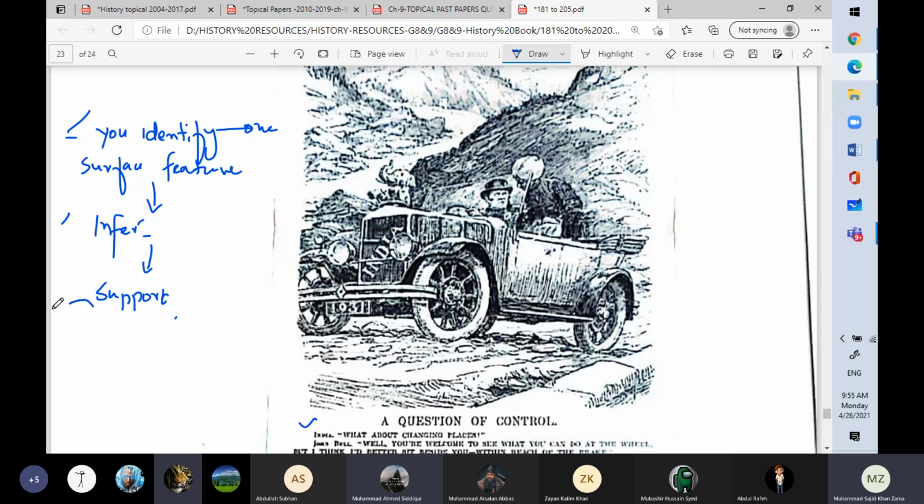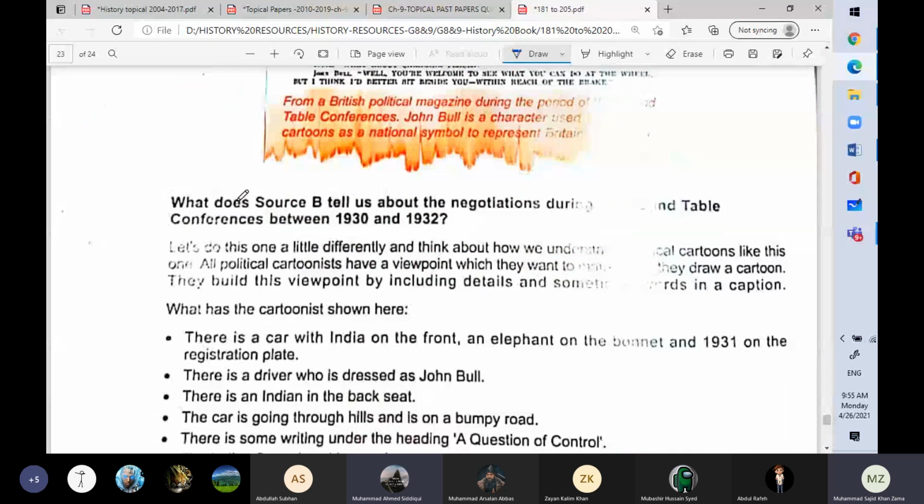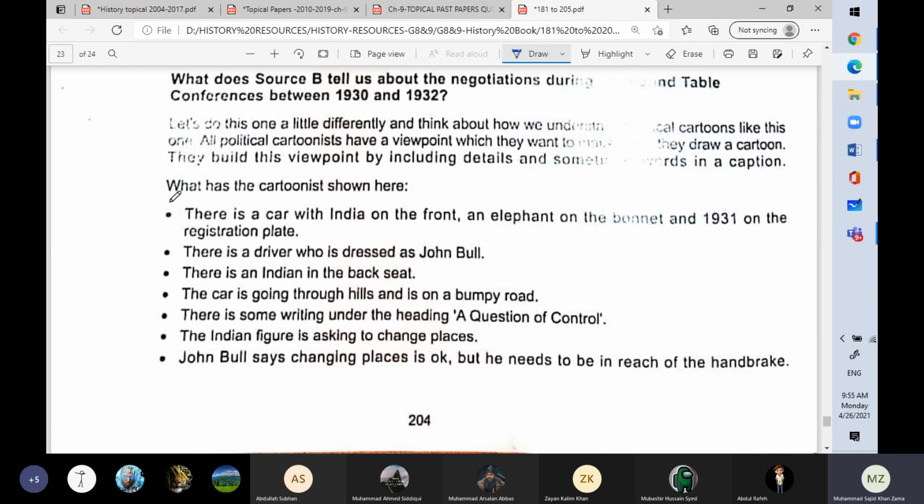Yes, sir. Now let's do this a little differently and think about how to understand the cartoon. A political cartoonist has a viewpoint which they want to convey by drawing a cartoon. Now see, there is a car with India on the front, an elephant on the bonnet, and 1931 on the registration plate.